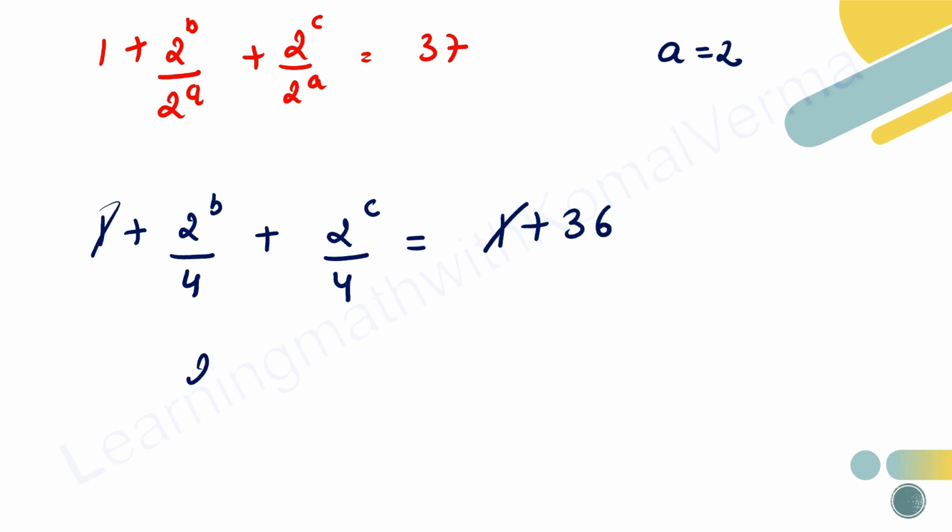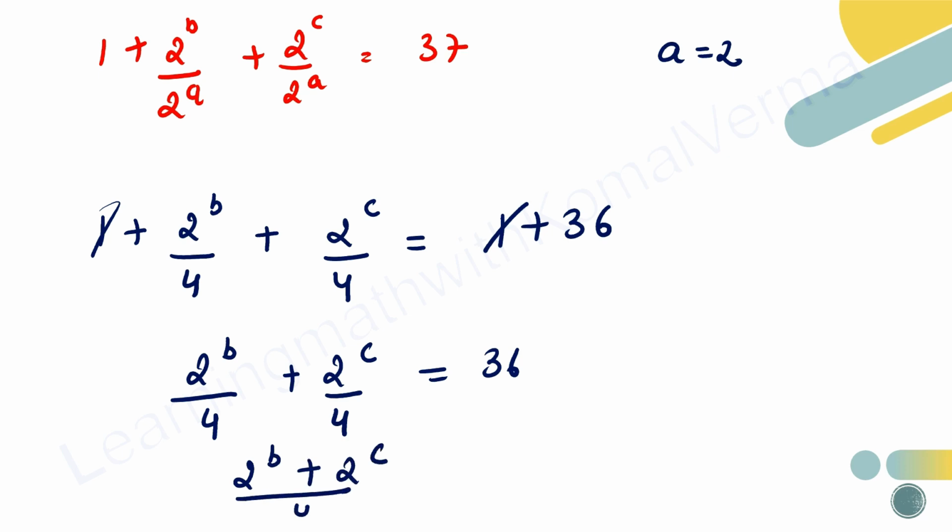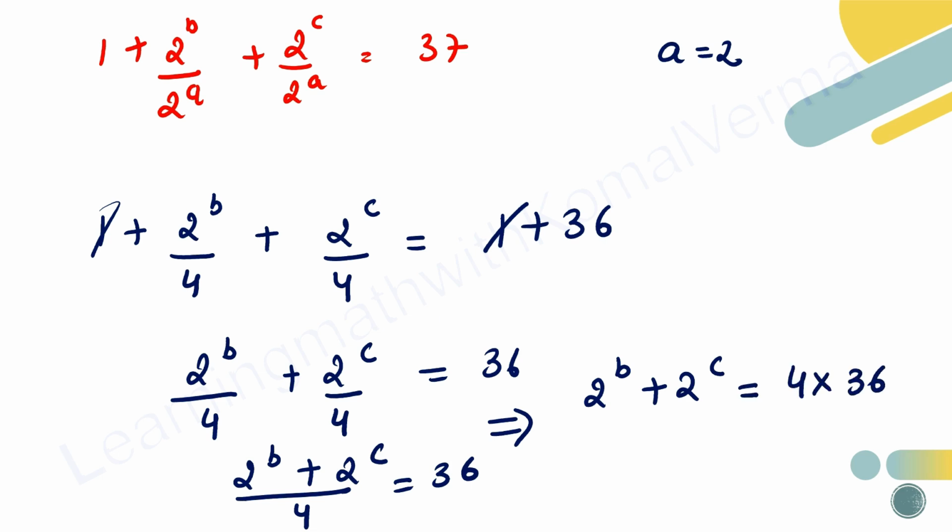We get 2 raised to the power b upon 4 plus 2 raised to the power c upon 4 is equal to 36. Now we take LCM. From this we get 2 raised to the power b plus 2 raised to the power c upon 4 is equal to 36. From there we get 2 raised to the power b plus 2 raised to the power c is equal to 4 into 36.